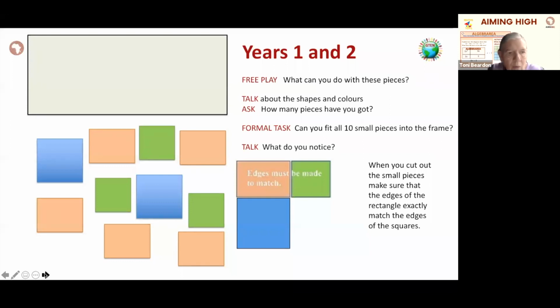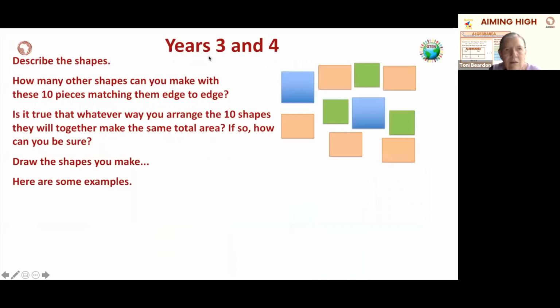But when we go on to do something similar with the next year group, we'll be just making it a little bit harder, now for years 3 and 4. We're still trying to move in a progression manner, in that spiral manner Tony was talking about before.